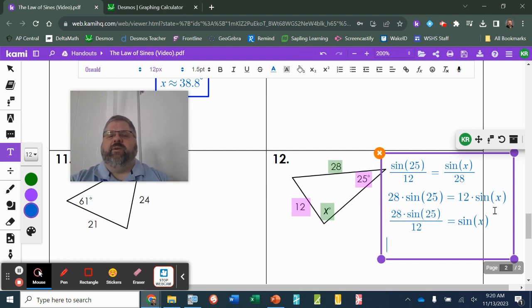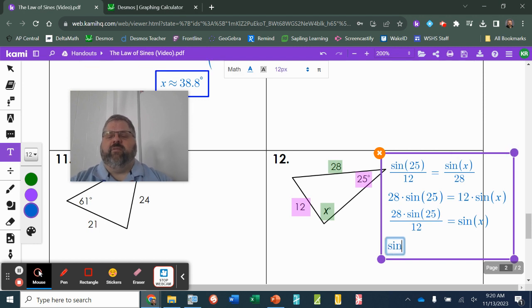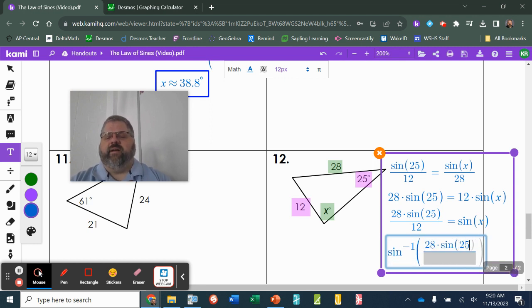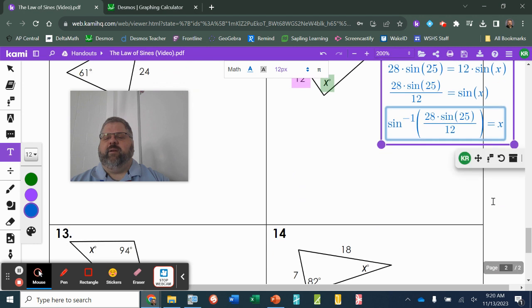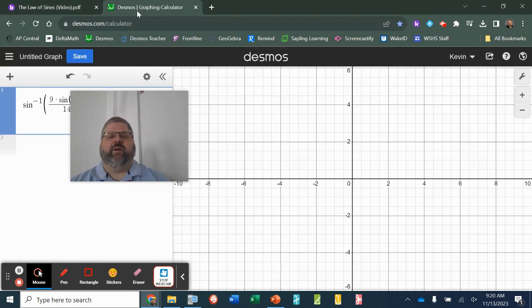So what I'm going to do here is take the inverse sine of, and inside of that I'll have 28 times sine of 25 divided by 12 is equal to x. So all of that is equal to x.